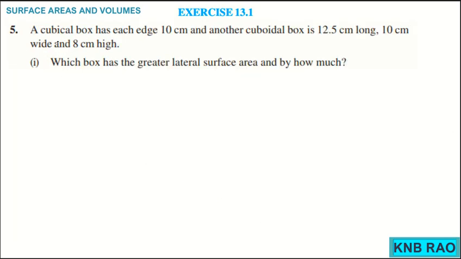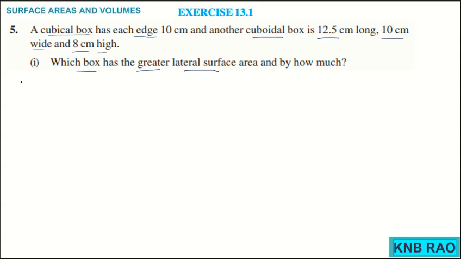Question number 5. A cubical box has edge 10 centimeter. Another cuboidal box is 12.5 centimeter long, 10 centimeter wide and 8 centimeter height, means L, B, H are given. Which box has greater lateral surface area?